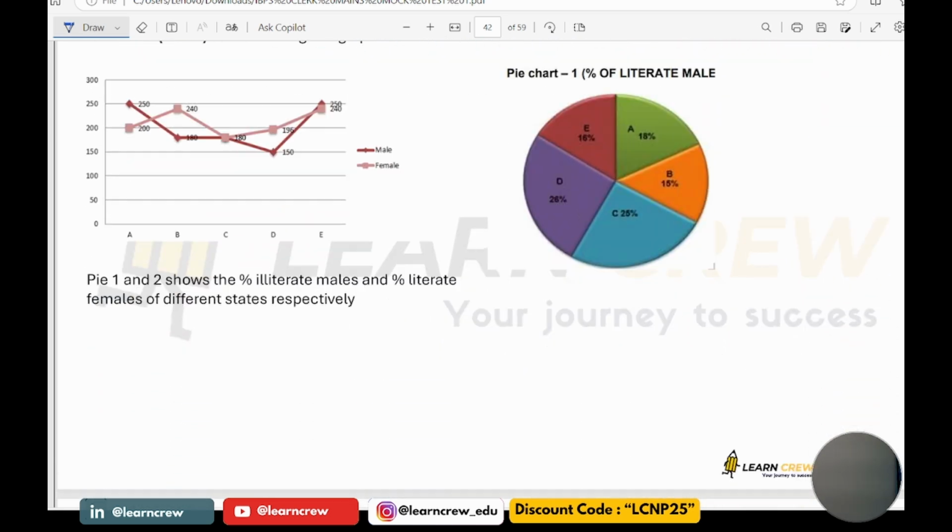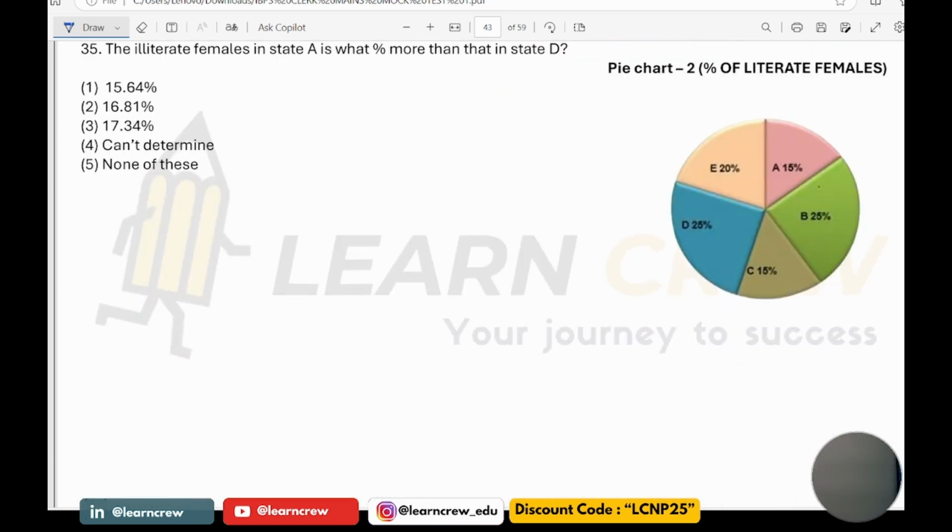Now 35th question. The literate females in state A is what percentage more than in state D? It is the illiterate females in state A. State A illiterate females in state A would be how much? 170.